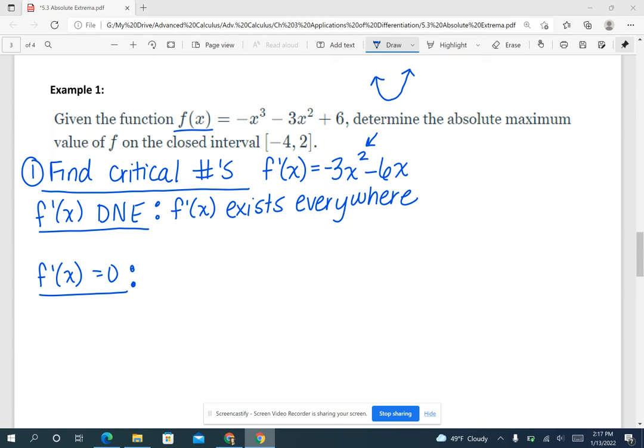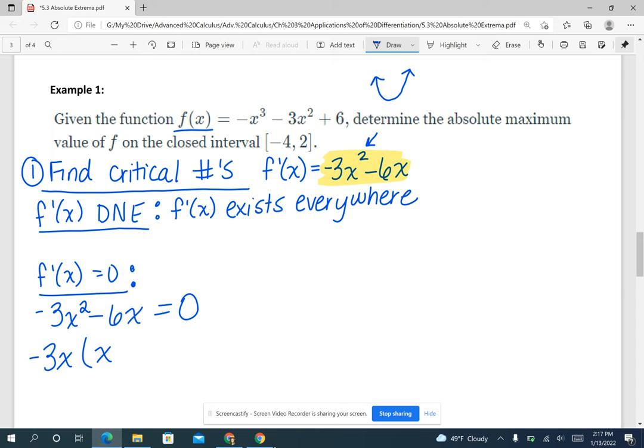So I'd take that derivative, and I'm going to set it equal to 0. So negative 3x squared minus 6x equals 0. And then I'm going to solve for x.